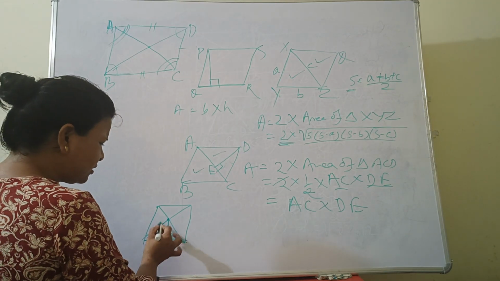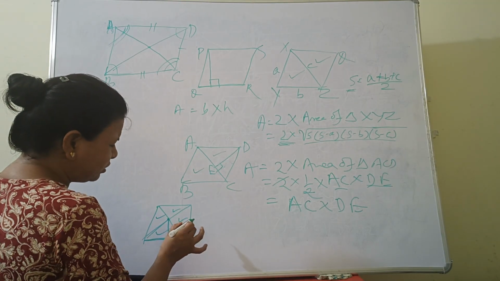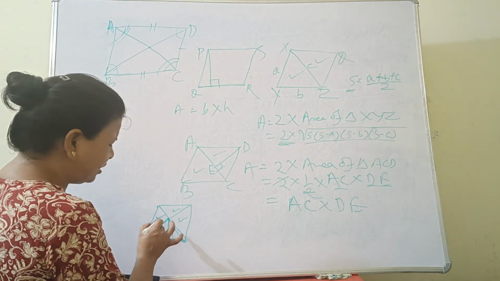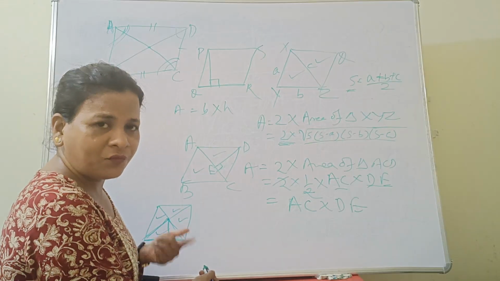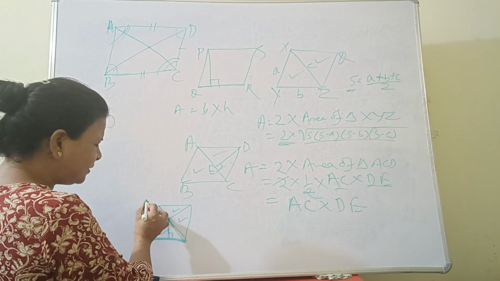Just imagine, when these two diagonals intersect, 4 triangles of equal area are formed. So once we get the area of one triangle, we can get the area of the parallelogram by multiplying that triangle's area by 4.